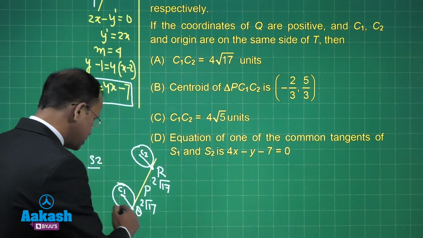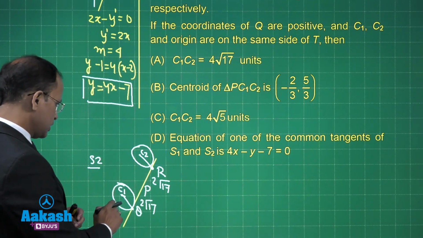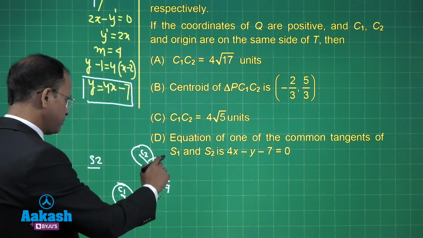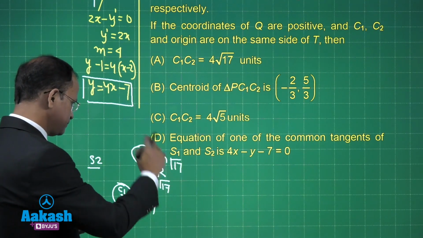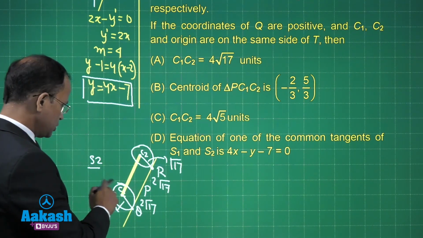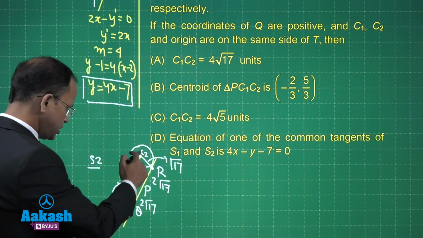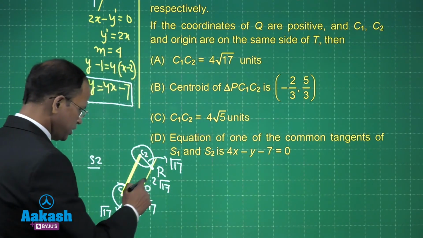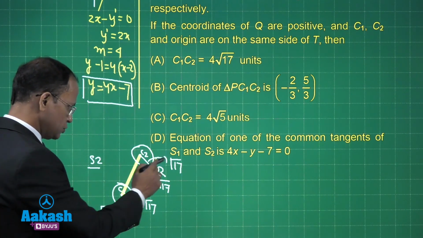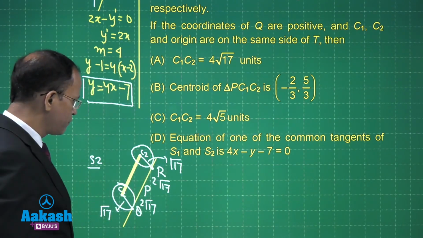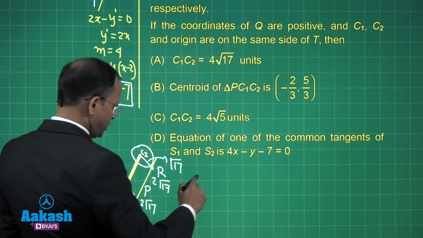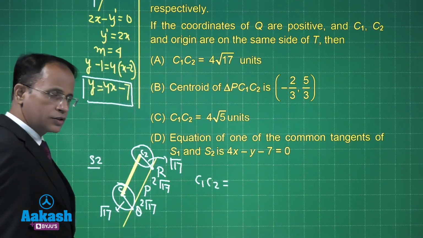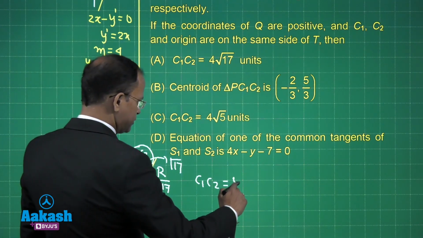Now, for these 2 circles, the interesting part is that root 17 is the radius. This distance and this distance are going to be the same. So with 2 root 17, 2 root 17, and root 17, root 17 given to you, C1 C2 is always going to be 4 root 17.